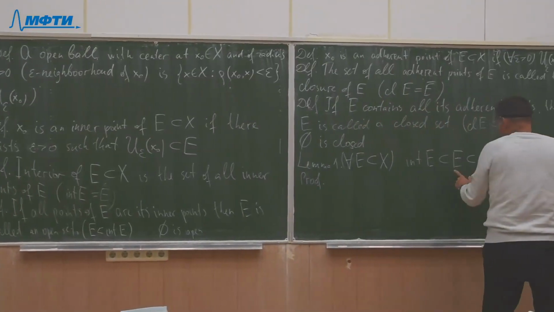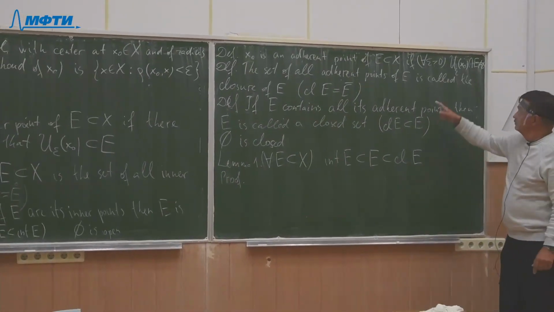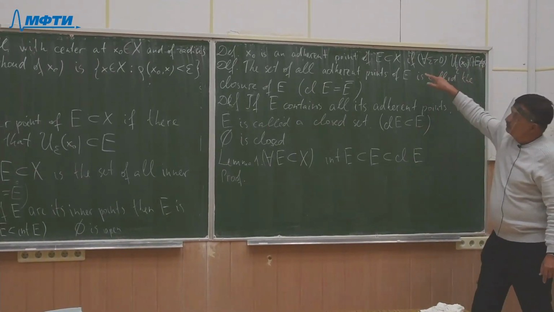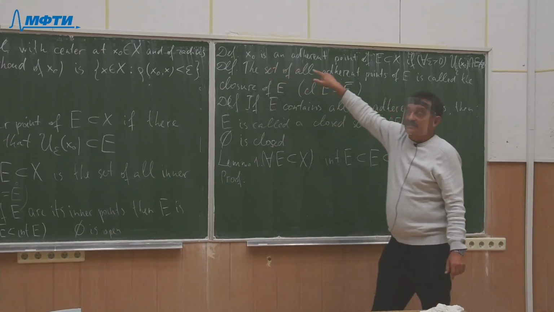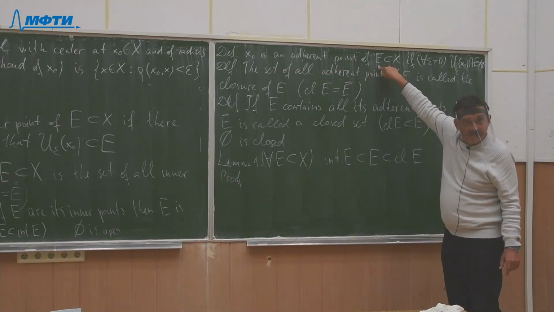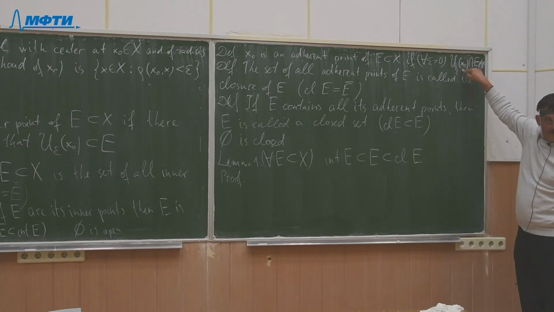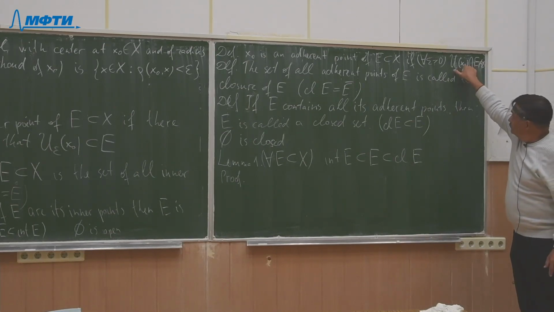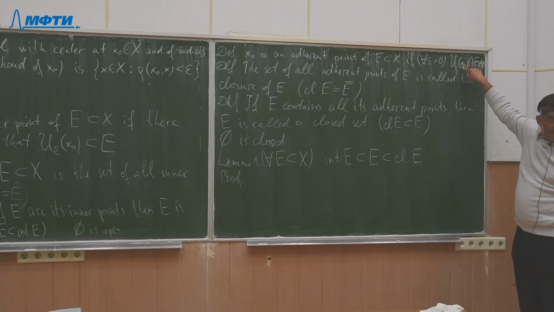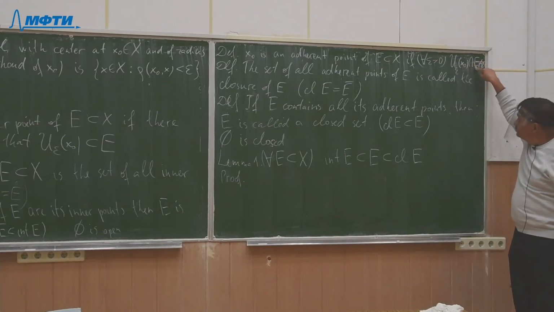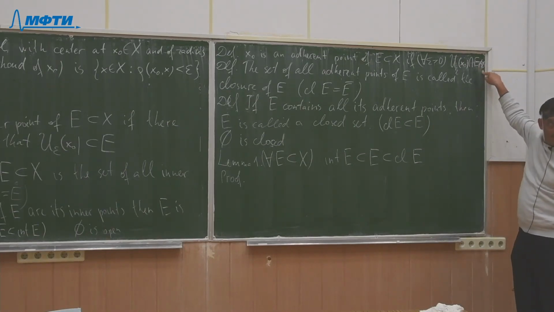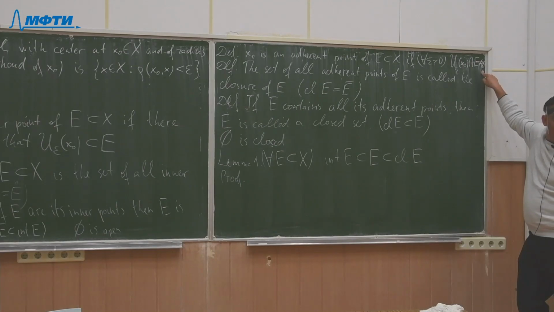And from the same point of view, what about that inclusion? Look, if x naught is a point of our set E, then an arbitrary epsilon neighborhood of this point has non-empty intersection, because the point x naught itself is in this intersection, right?